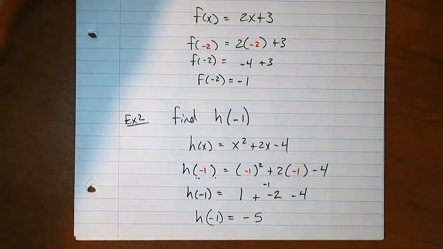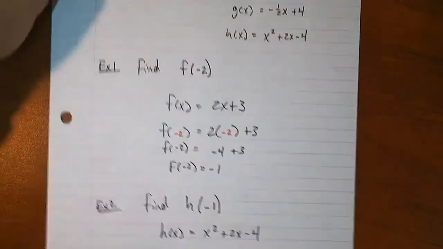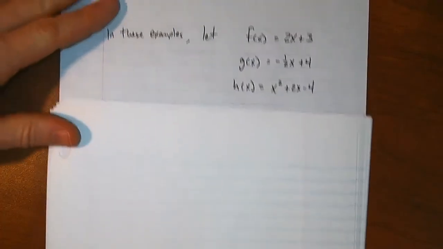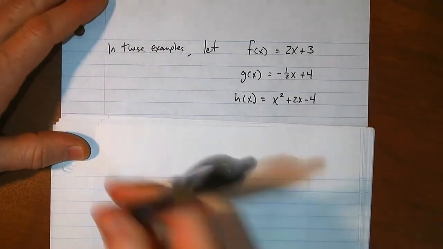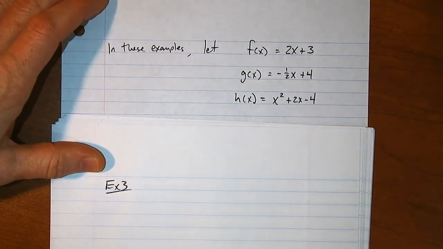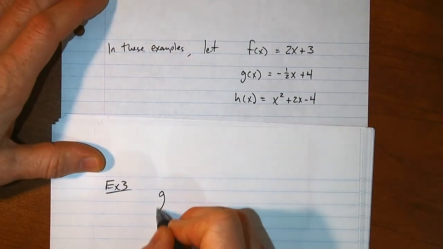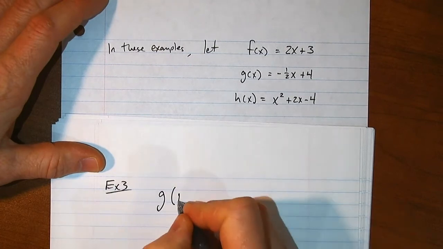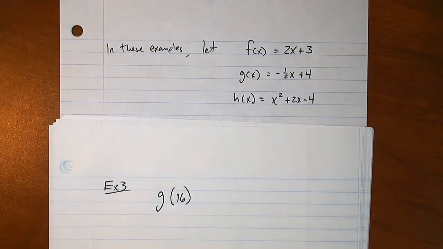All right. Final example, example number 3. For this one, what I'm going to ask you to do is to figure out what is g of 16. G of 16. So again, pause the video real quick and try and find that answer. Okay, so hopefully you found that answer.